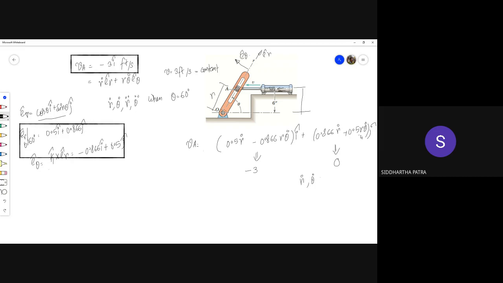If you are wondering how much r is, r sin theta is this, 6 inches, which is 0.5 foot. So r sin theta is 0.5. From that, actually, you can get the value of r.